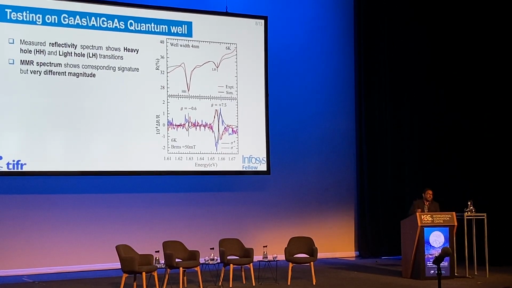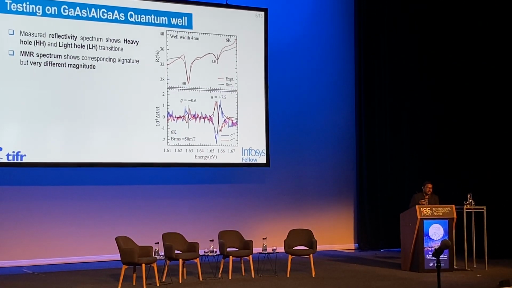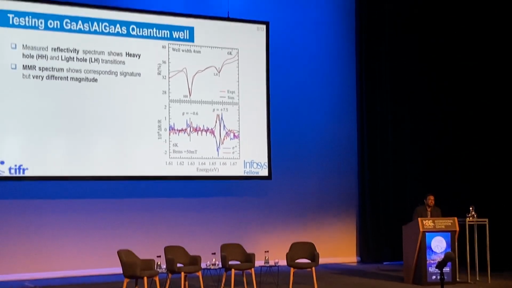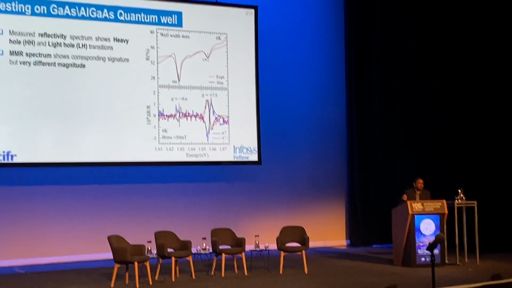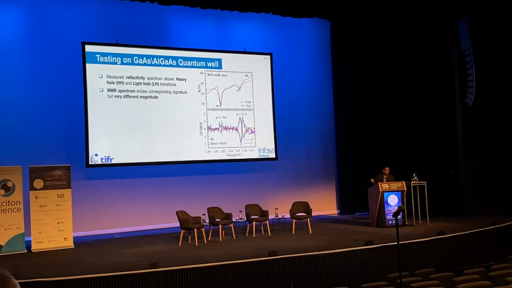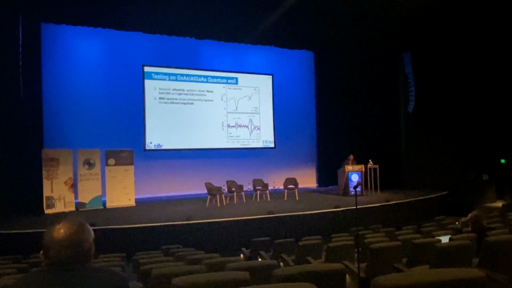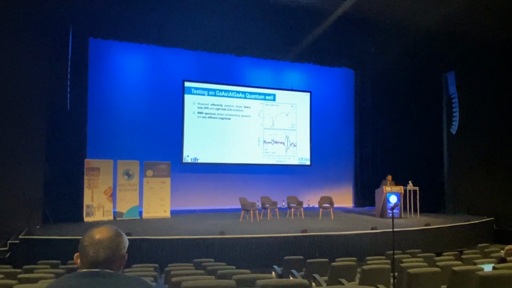So this is the corresponding MMR spectrum. There you see there are distinct transitions, but the magnitudes are very different. In the R spectrum, this light hole has a very small magnitude, but in MMR, that actually dominates. So it suggests the G factor corresponding to light hole is higher than the G factor of heavy hole.